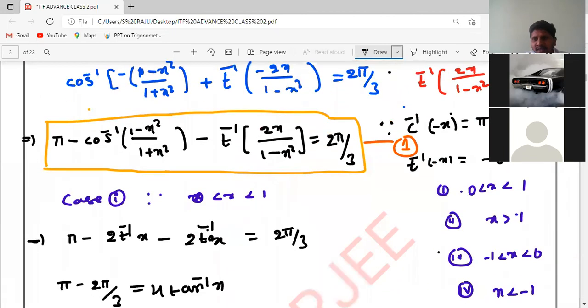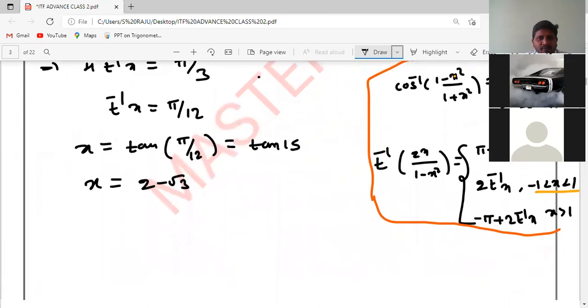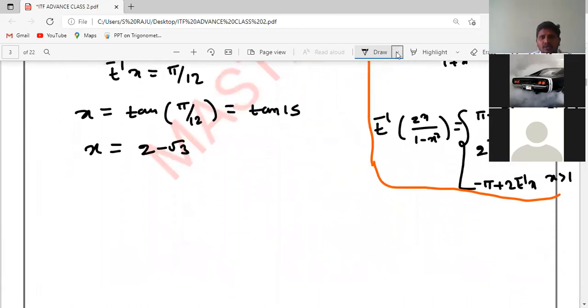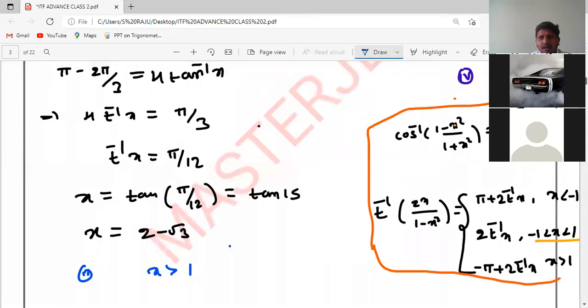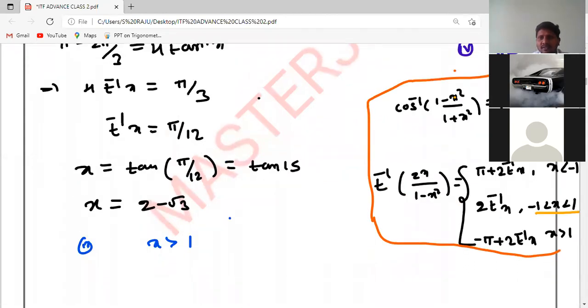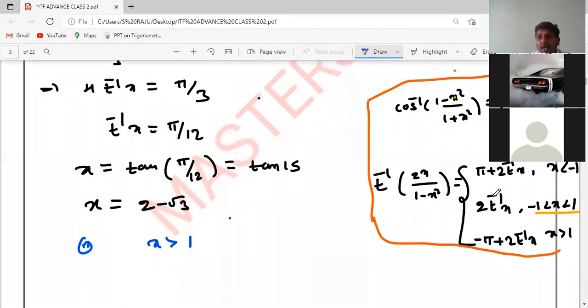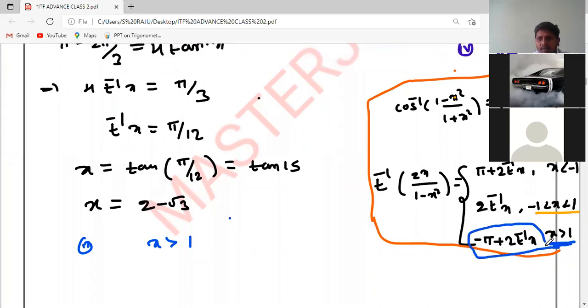Then I am going to take the second case, x greater than 1. So for x greater than 1, from equation 1, cos inverse gives the same first case formula. But for x greater than 1, what about the tan inverse value? The third formula. What is the third formula here? Minus pi plus 2 tan inverse x.